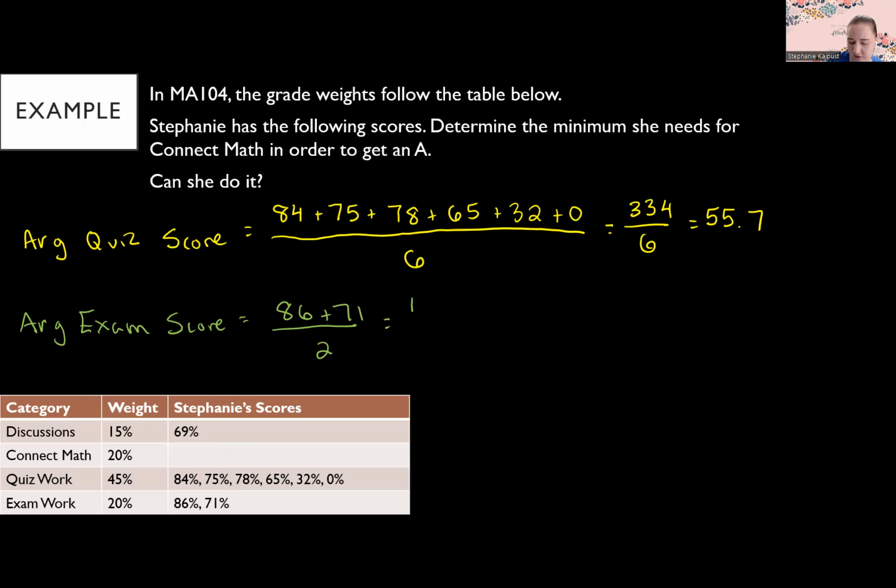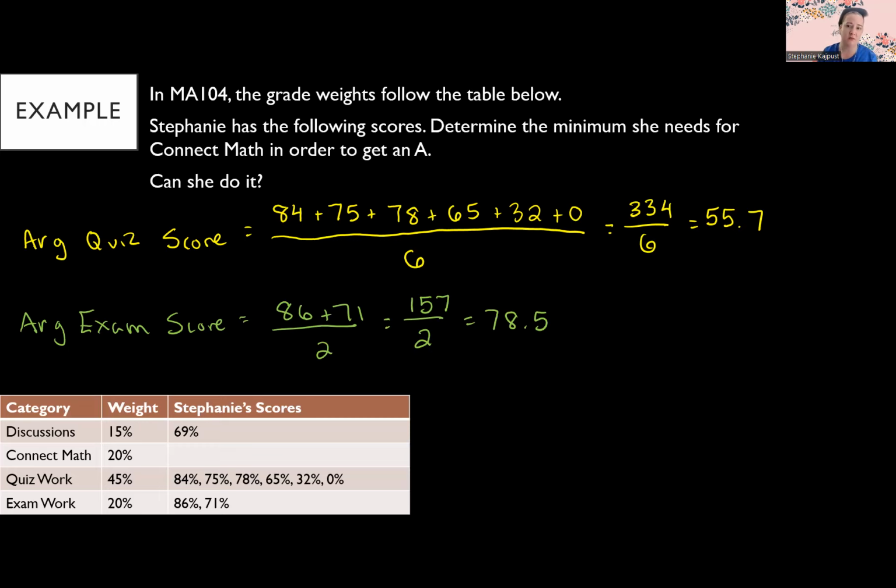That's 157 divided by 2, which gives 78.5. So the average on the exams is 78.5. So we've got discussion 69%, quiz average 55.7%, and exam average 78.5%.